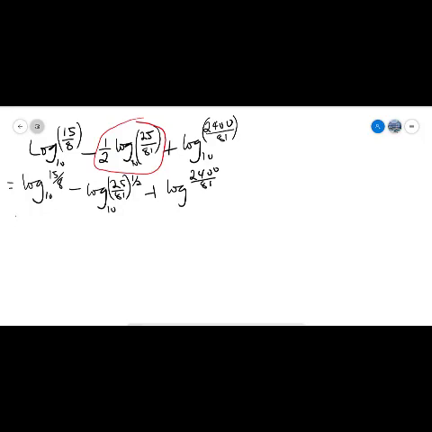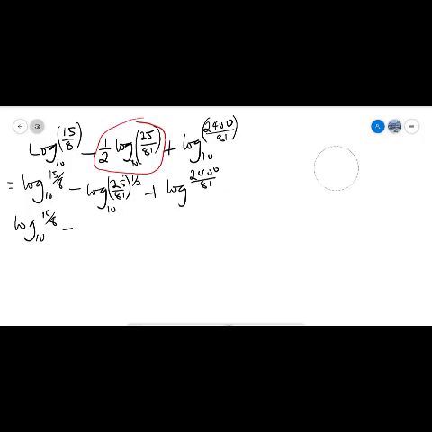Okay, so we have log 15 over 8 base 10 minus. Now, whenever you see anything raised to the power of half, you know that they're asking you to find the square root. 4 raised to the power of half simply means square root of 4, which is 2.